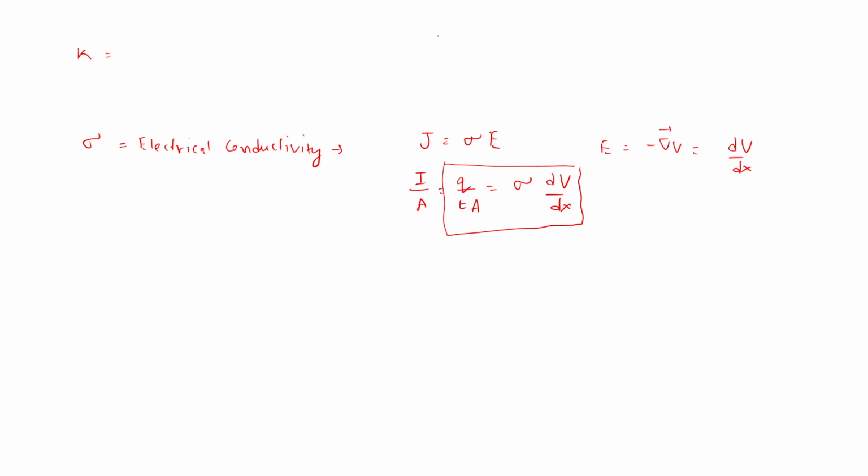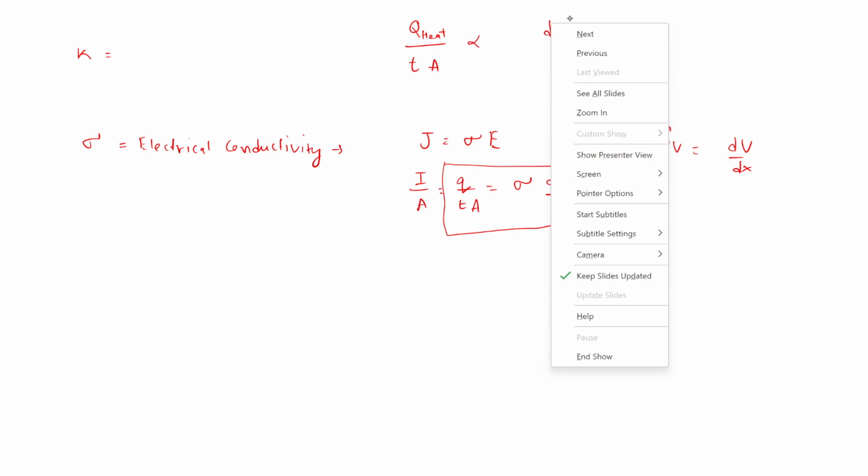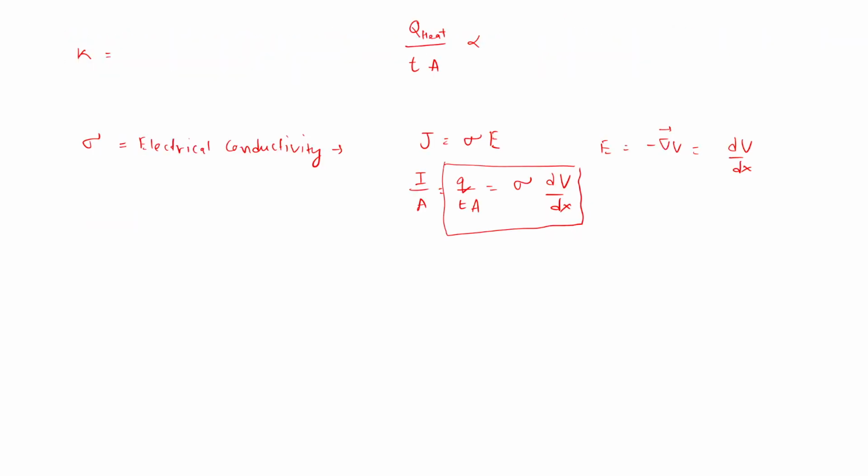Similarly, if we define the same thing for heat, Q, the amount of heat, measured in joule, heat per unit area per unit time is proportional to the temperature gradient, dT over dx in one dimension.